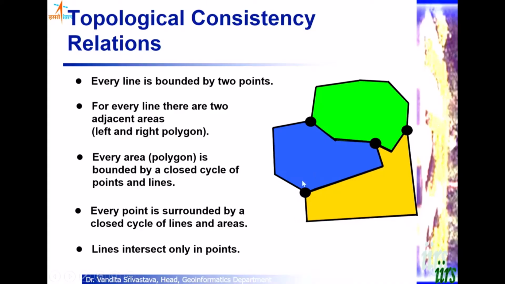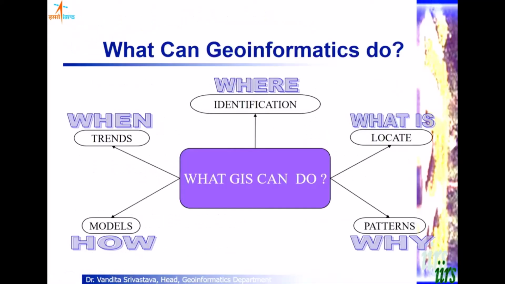Okay, I hope these topological definitions are clear, and although they will be further explained to you in the few lectures on data creation and inputting, I just wanted to give you a glimpse of all the things that will be covered throughout this module.